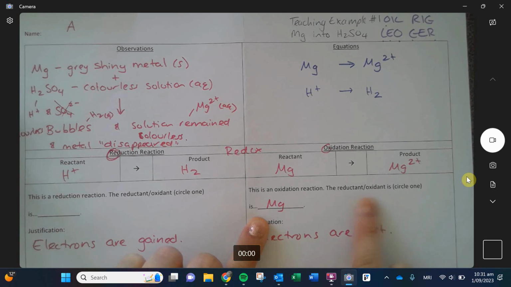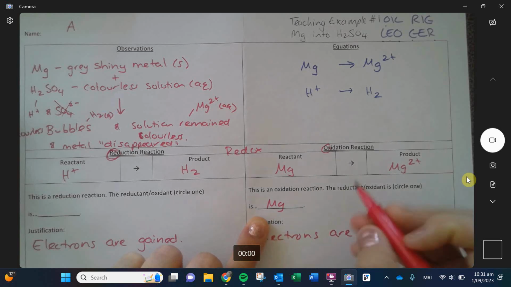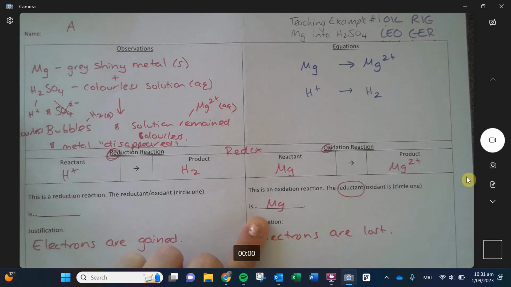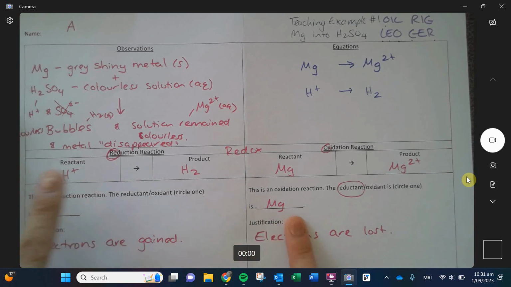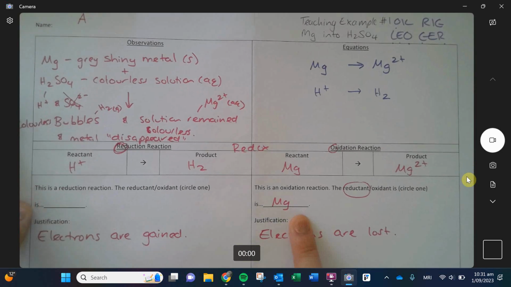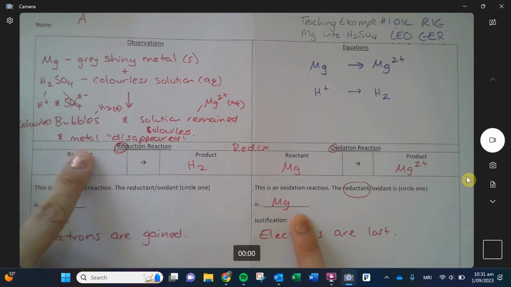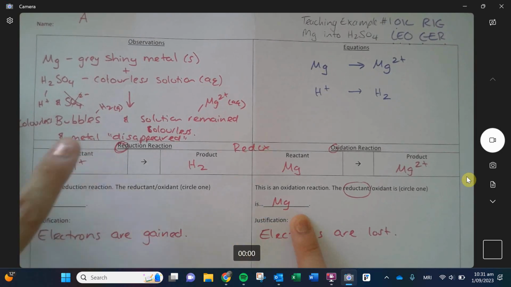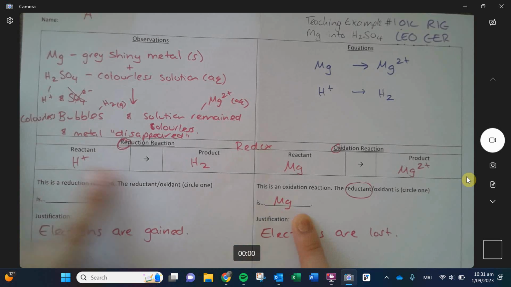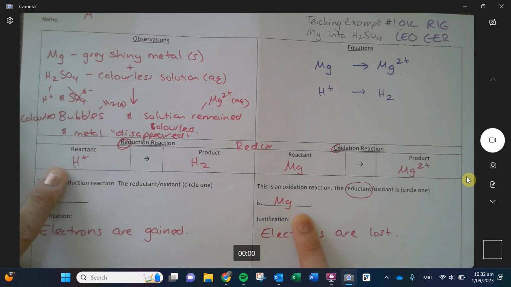We call the reactant in the oxidation reaction the reductant. And the reason why is because we need to talk about what magnesium is doing to the other reaction. So magnesium is providing the electron for the reduction to occur. It is going to reduce the hydrogen ion.